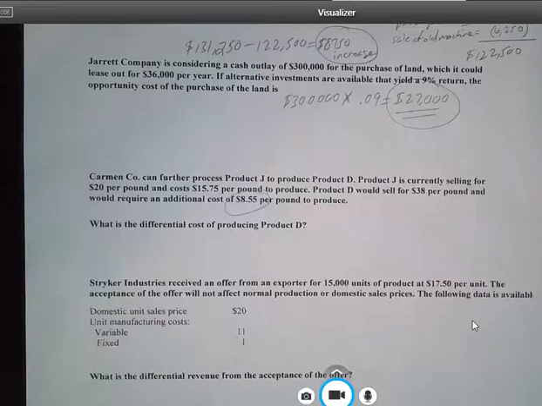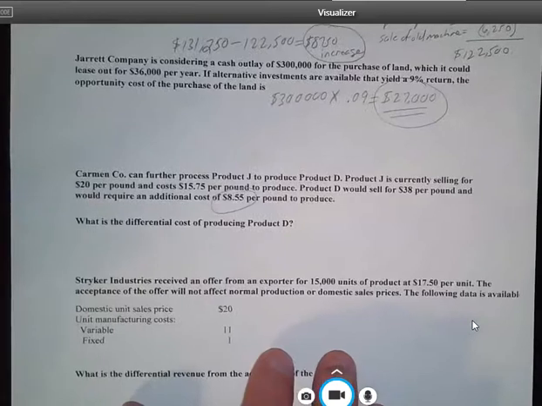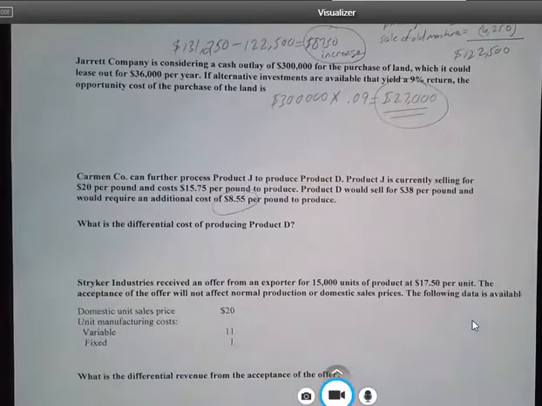The following data is available. Domestic sales price, $20. That's what we normally sell it for. Unit manufacturing costs, we have $12 of variable costs and fixed costs of $1. What is the differential revenue from acceptance of the offer?